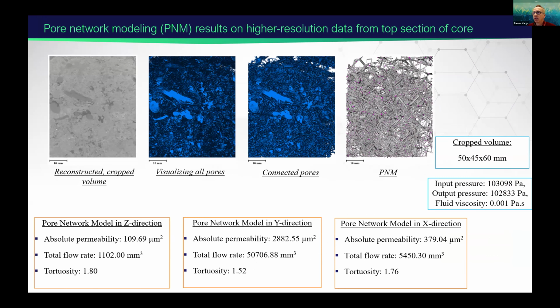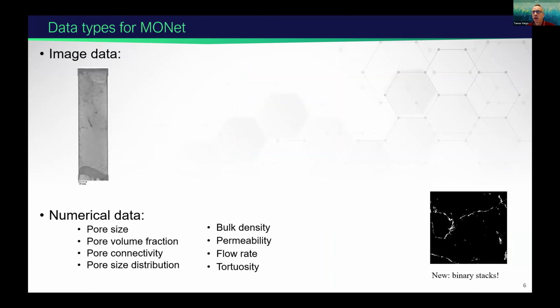And we also run this so-called pore network modeling module on it that is able to estimate flow and transport properties, and basically using the connected pore network, it can estimate permeability and flow tortuosity.